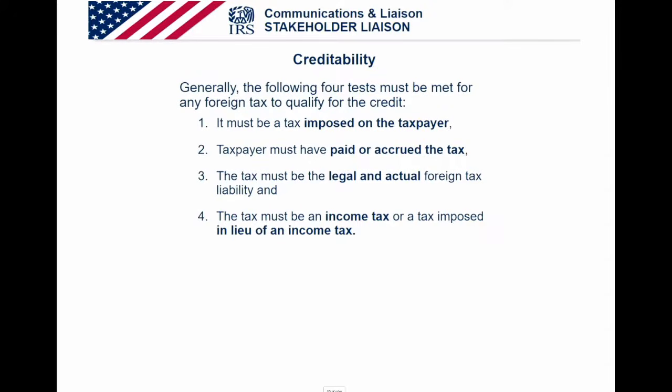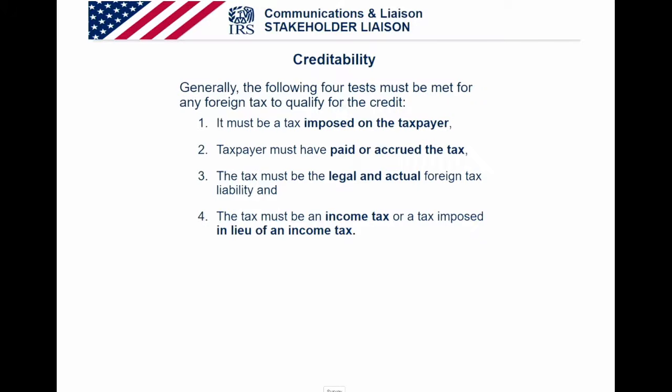First, it is a tax that must be paid, and there is no specific economic benefit received from paying it. And second, either the foreign tax is a net income tax that meets the requirements of Regulation Section 1.901-2(b), or the foreign tax is a tax in lieu of an income tax that meets the requirements of Regulation Section 1.903-1.